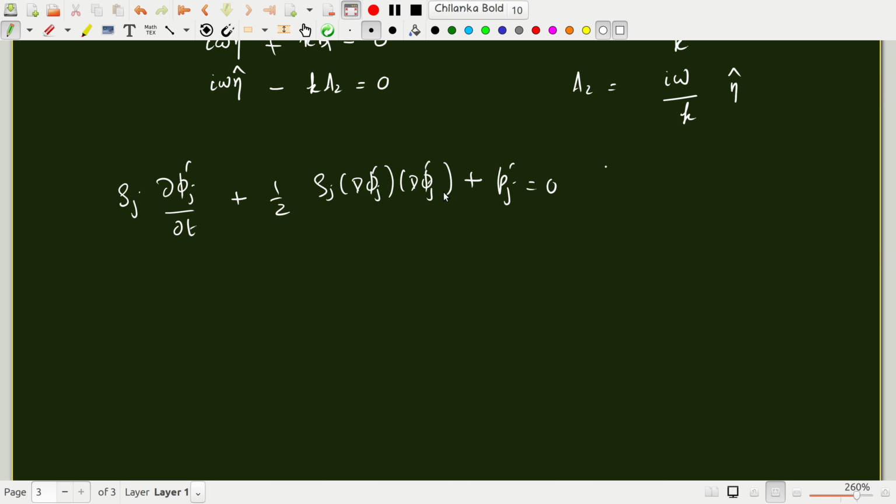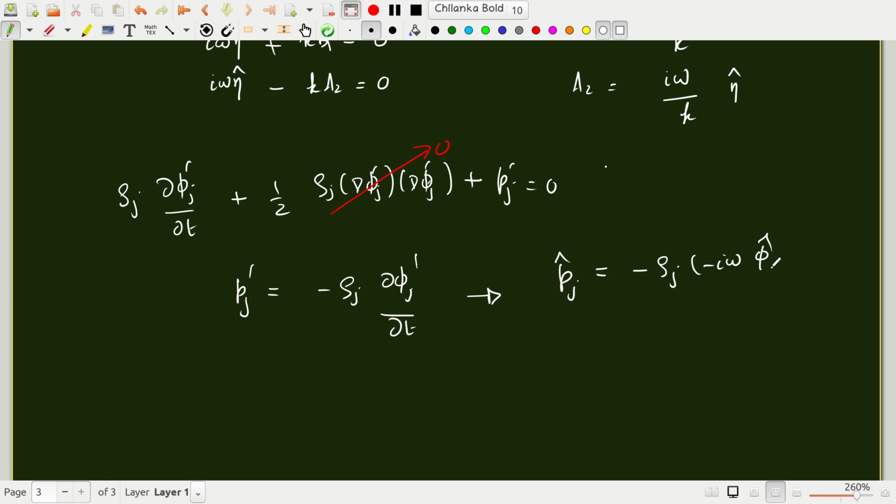So what you will have to do is linearize this again. When you linearize this, you will find that these terms are 0, these are non-linear. So the pressure Pj is minus ρj ∂φj'/∂t, and if I do the Fourier mode representation, Pj cap is minus ρj times minus I omega φj cap.